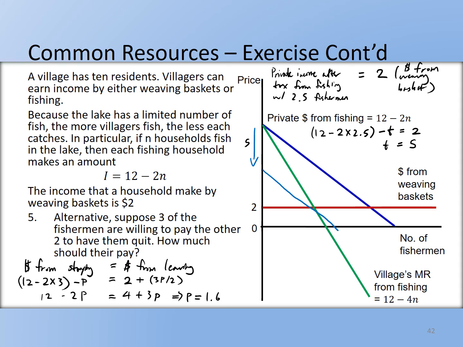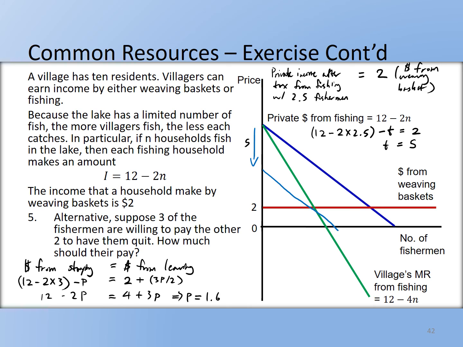That means if the 3 fishermen who stay each pay $1.60 into a compensation fund, the 2 fishermen who leave would draw 1.6 times 3 divided by 2, that's 2.4.